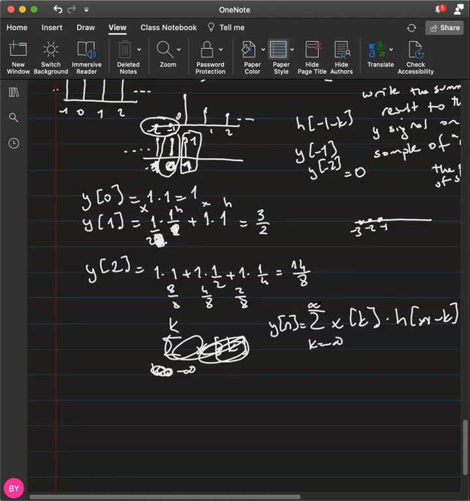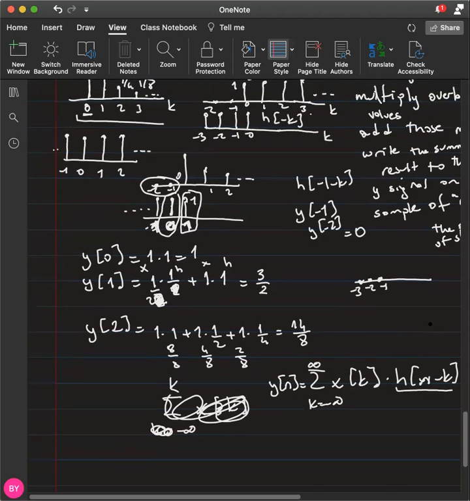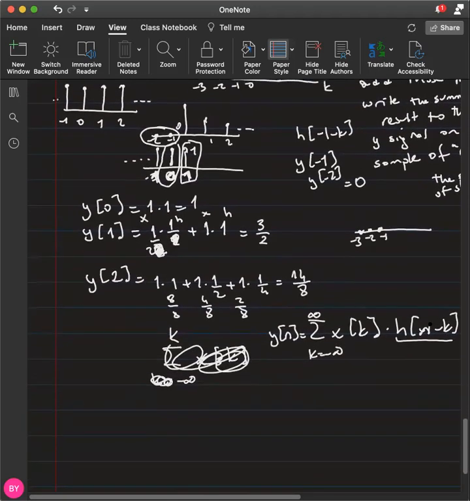So what am I going to do right now? I'm going to write this one using the formulation. How was my formulation? It was u of n, now it is u of n minus k.